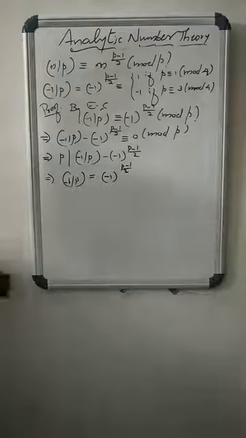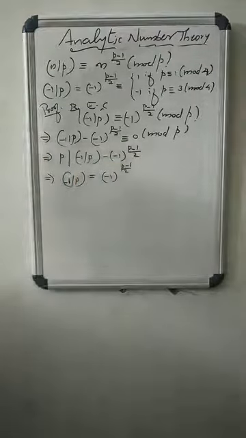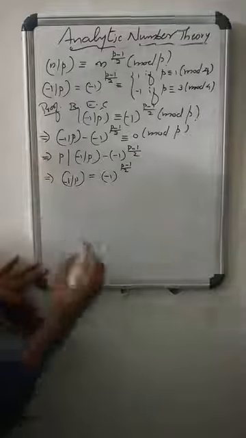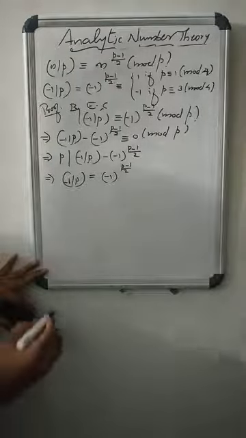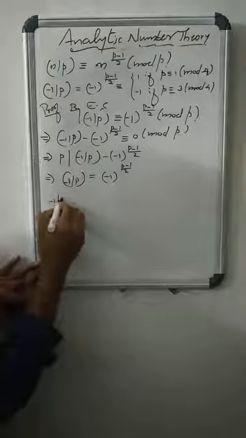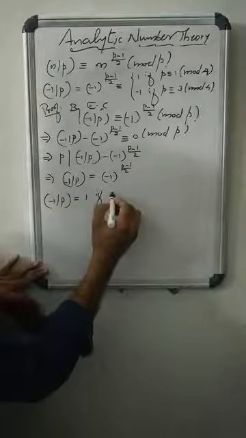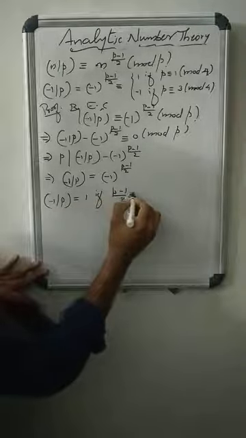Okay. Then (-1)^((p-1)/2): there are two possibilities. Either it is +1 or it is -1, according as (p-1)/2 is even or odd. So (-1/p) is +1 if (p-1)/2 is even.